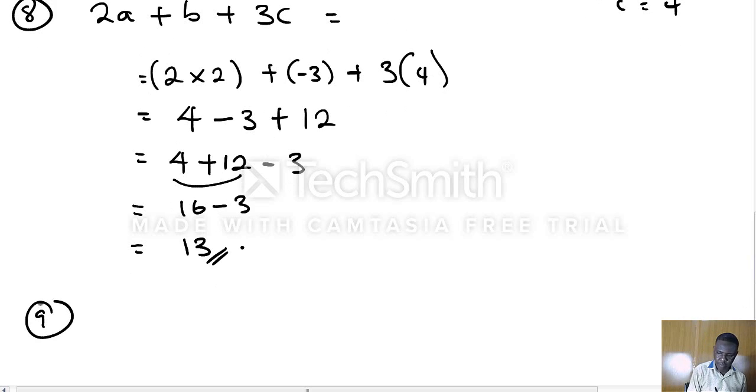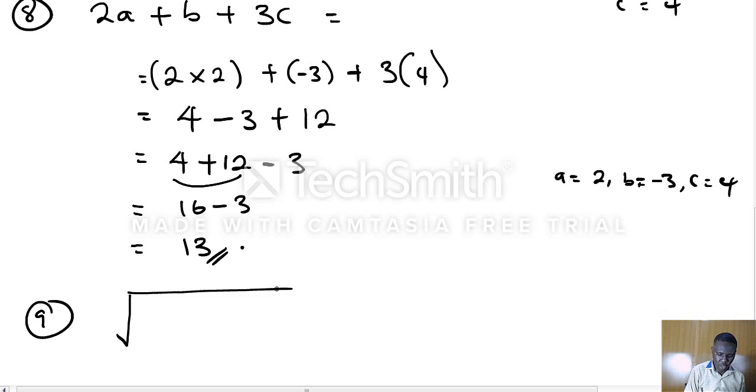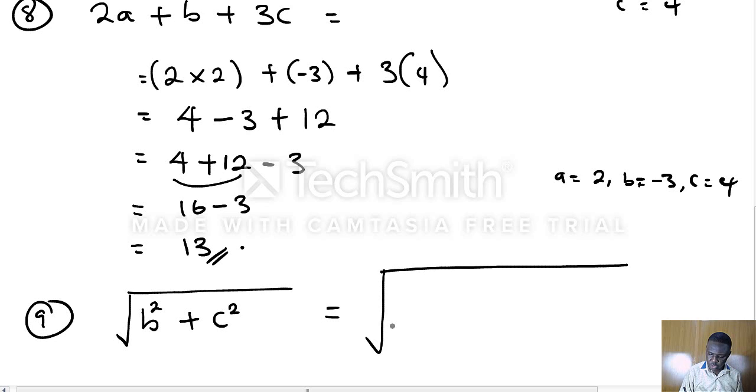Question number 9. I said my A is 2, B is minus 3, C is 4. Question number 9 says square root of B squared plus C squared, which is equal to square root of, what is B squared?